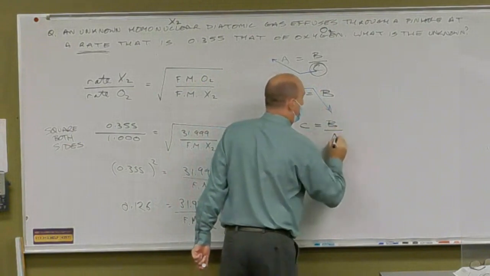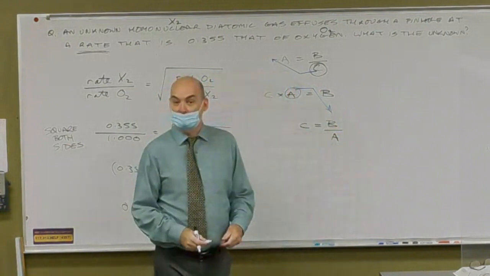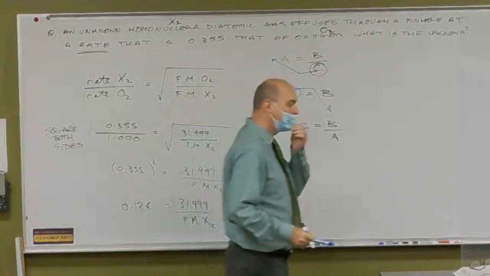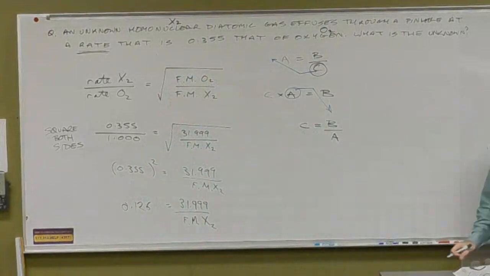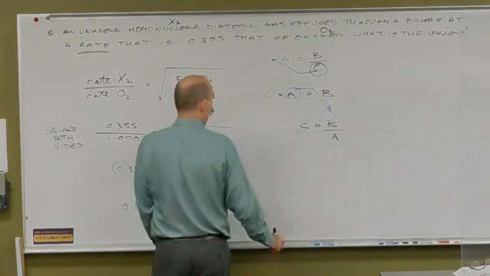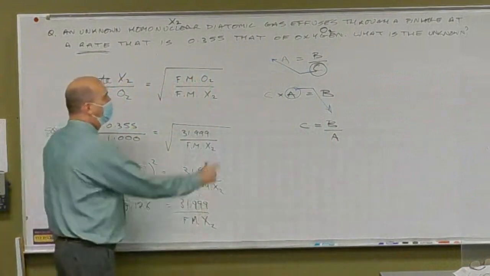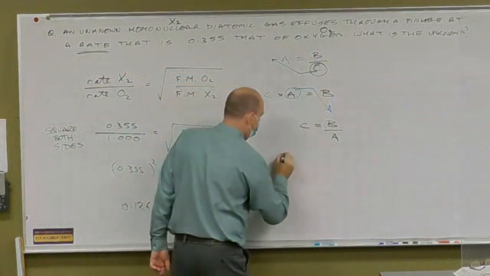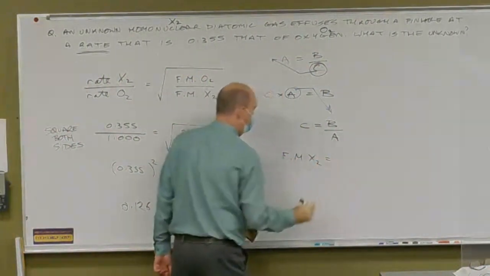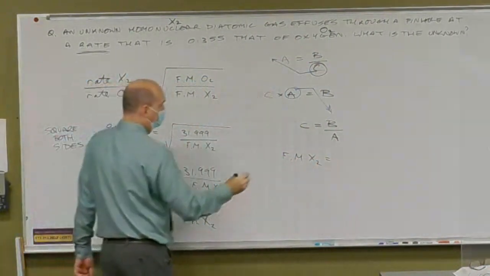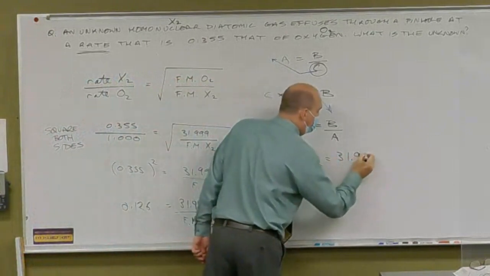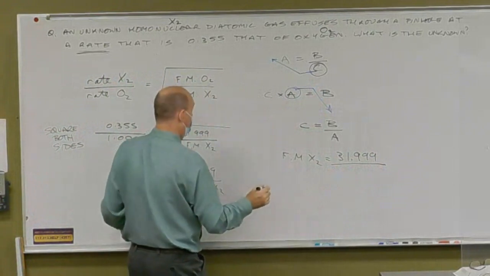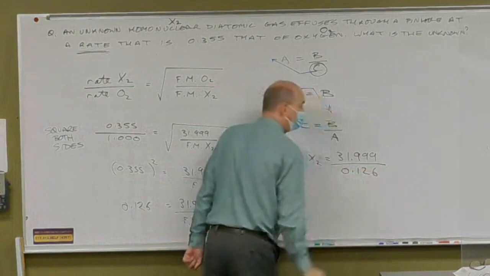C equals B divided by A. If C equals B divided by A, and over here it was A, B, C, then what this means is that the formula mass of X2 is 31.999 divided by 0.126.